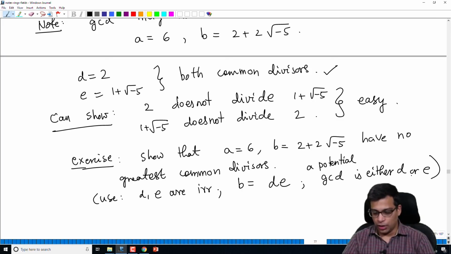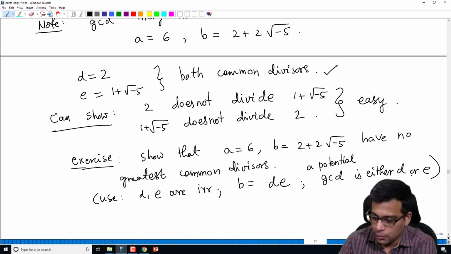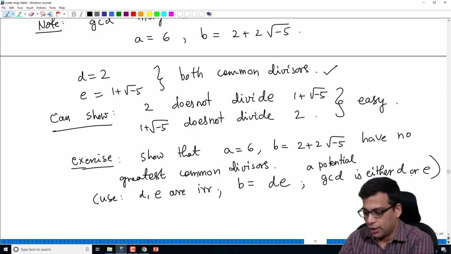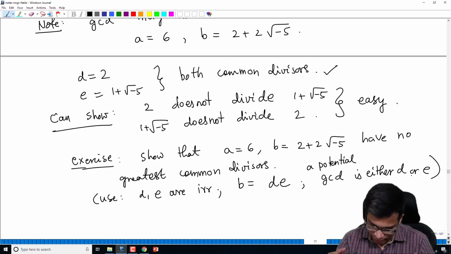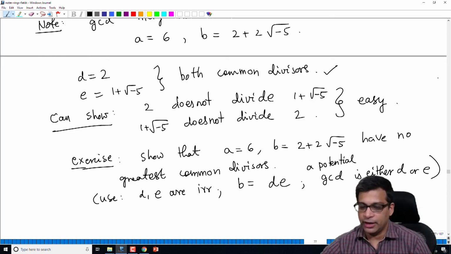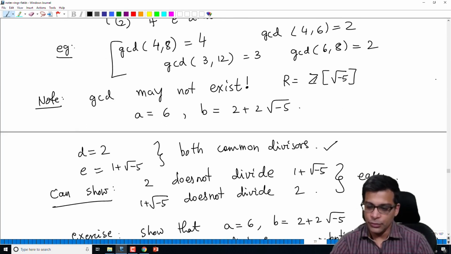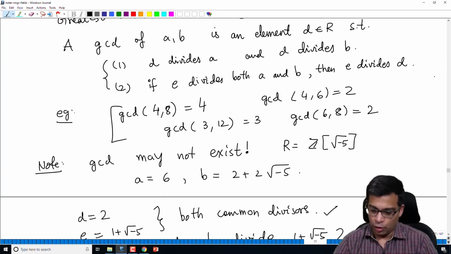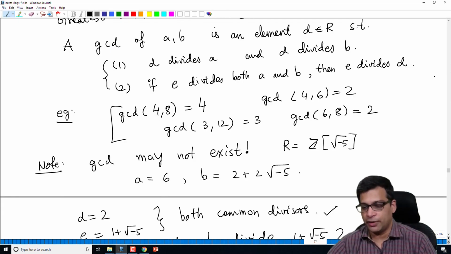We just showed that D doesn't divide E, and E doesn't divide D. There are common divisors, but there cannot be a greatest common divisor in this sense. We don't have a common divisor which is divisible by every other divisor.